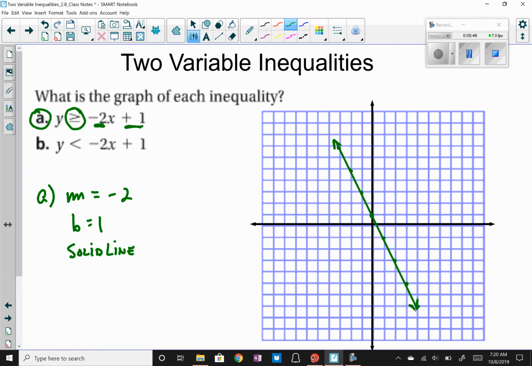And then lastly, we need to find the solution region. So again, since the point 0, 0 is free, the line is not going through it, we can set x and y equal to 0. So here's our original inequality.